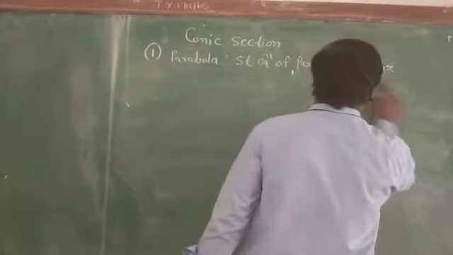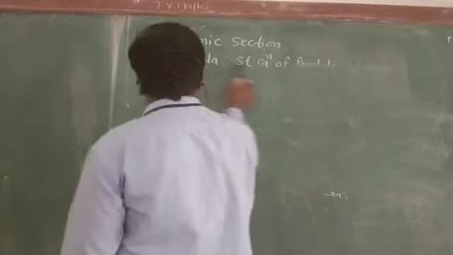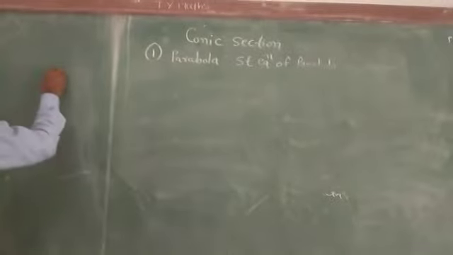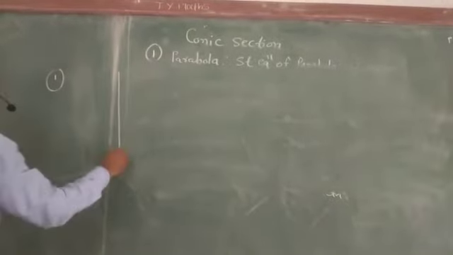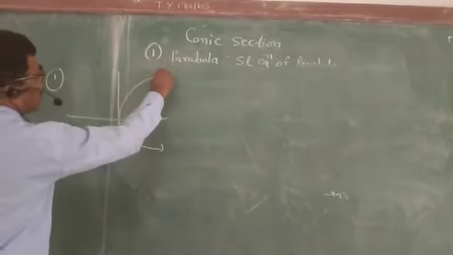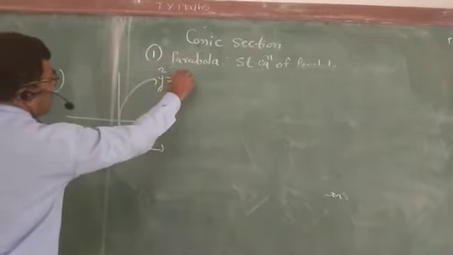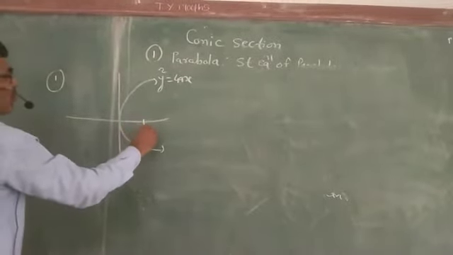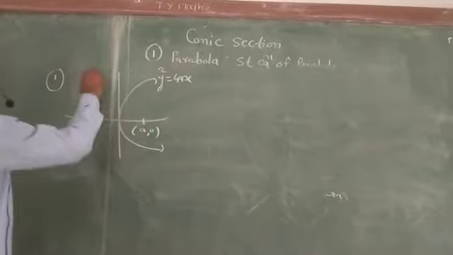Now we see second parabola. First parabola, this is y square equal to 4ax. Focus A, 0.